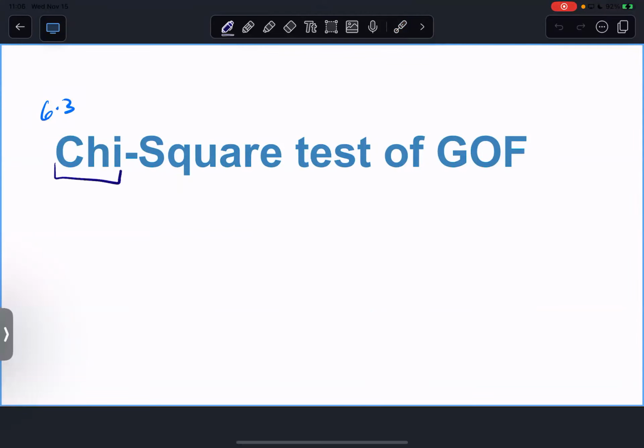This here is chi, and it's a chi-squared test of goodness of fit.